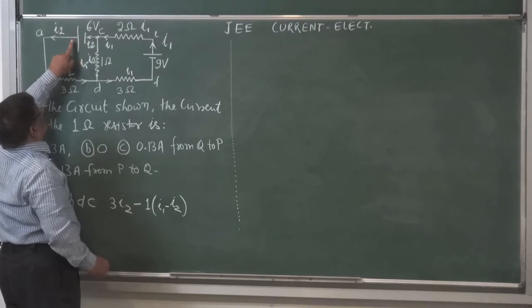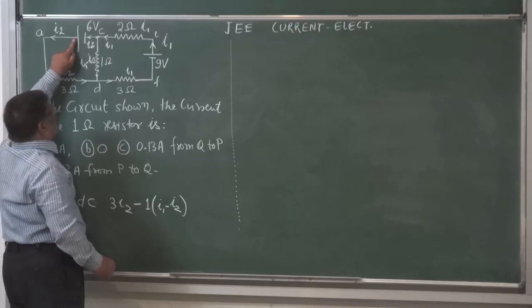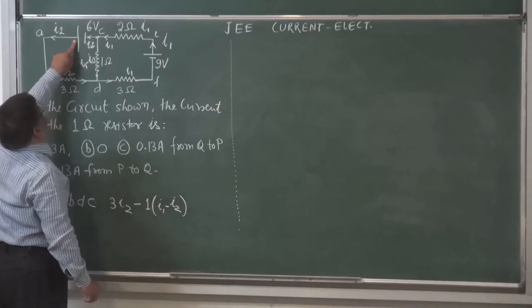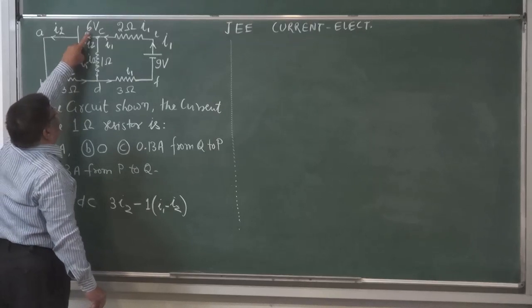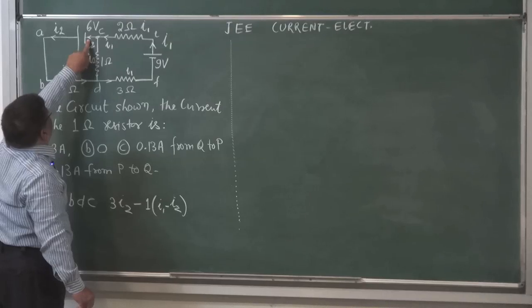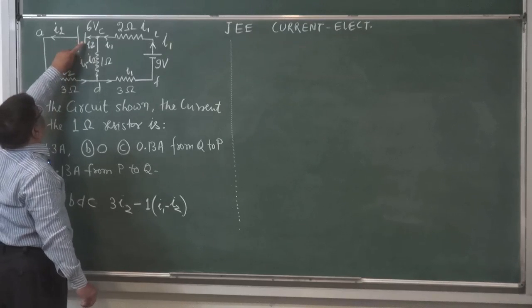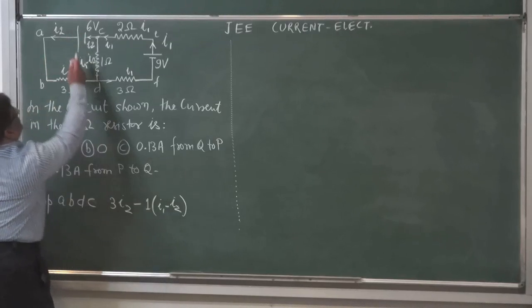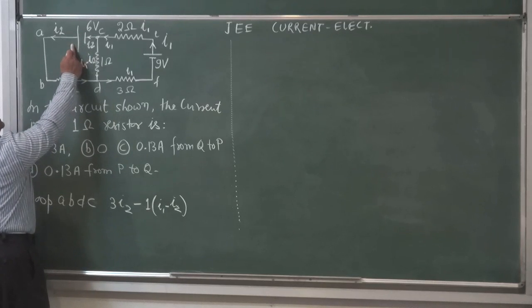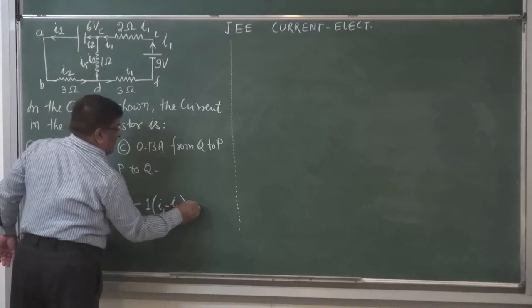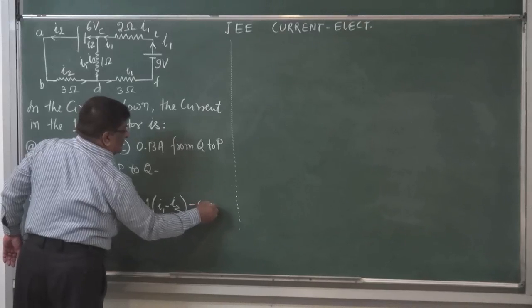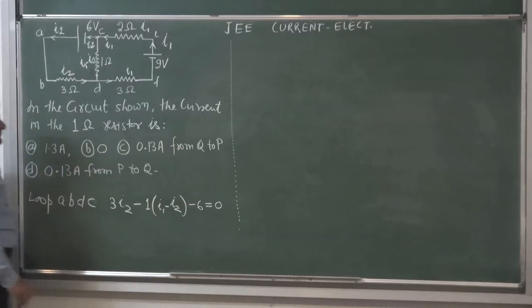Voltage across this, from this point to this point, the potential difference is 6 volt, but this is at a lower voltage and this is at a higher voltage. So voltage from A to B is minus 6 volt, lower voltage minus higher voltage is minus 6 volt. So this is equal to 0.